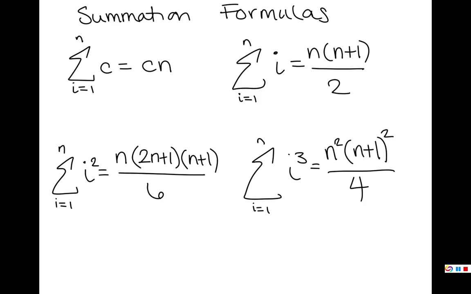In my very first examples, when I introduced the idea of this sigma notation, I gave you examples that had like 5 or 6 numbers, and it wasn't horrible to just add the numbers up by hand or even in a calculator. But imagine we want to add up 1,000 numbers. I don't want to have to take the time to put that into my calculator. So we've got some formulas that tell us how we can add up some special cases of sums.